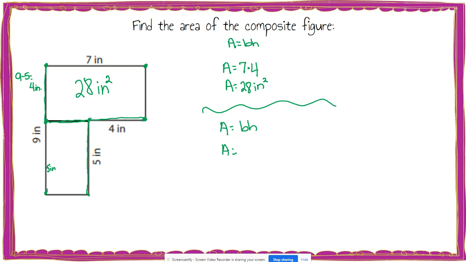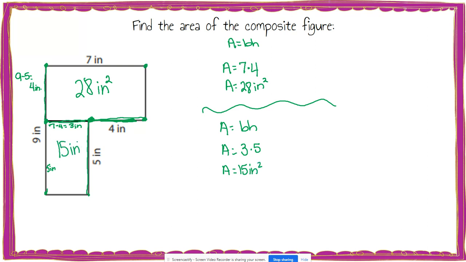But I know that this distance is already 4. So to figure out what I have left here, I would do 7 minus 4 to get a base of 3 inches. So to find my area, I can take a base of 3 and multiply by a height of 5 to get an area of 15 square inches.